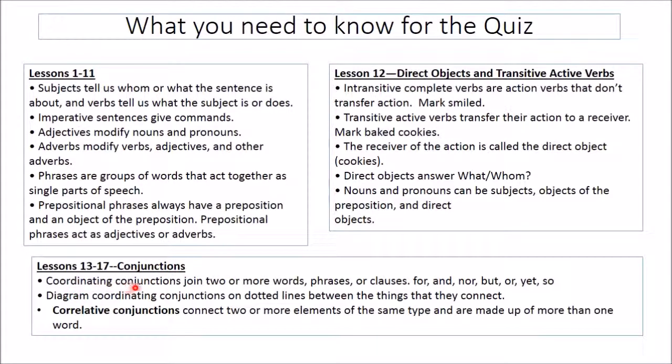This first one, coordinating conjunctions, join two or more words, phrases, clauses, and then there are the fanboys words. The words that conjunctions can connect are subjects, verbs, direct objects, objects of the preposition, adjectives, adverbs. So there are a lot of different words that can be connected by coordinating conjunctions.